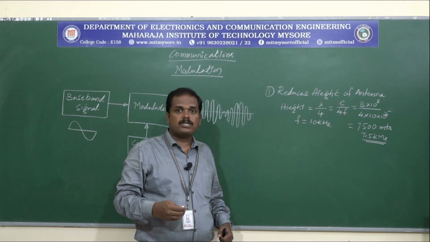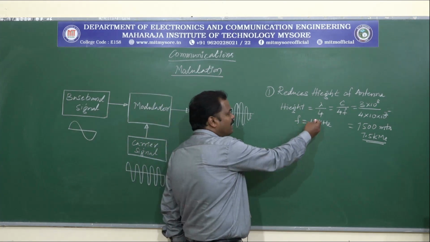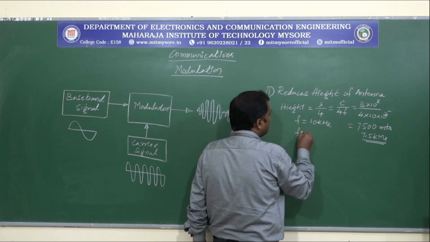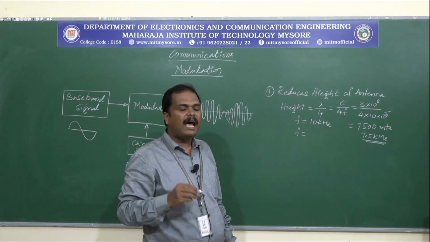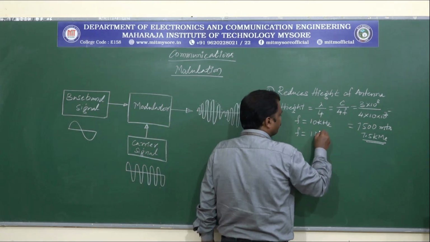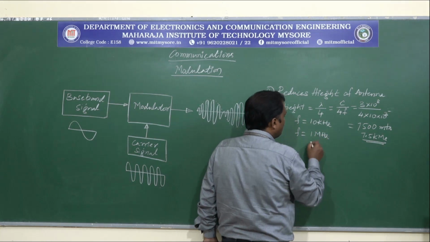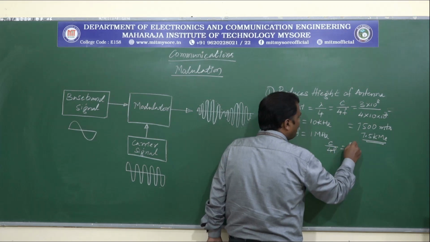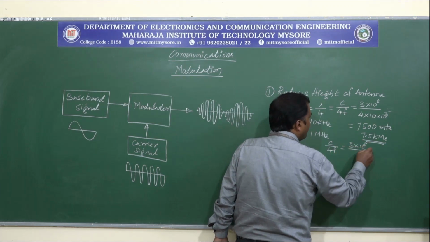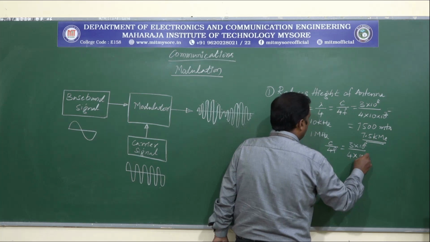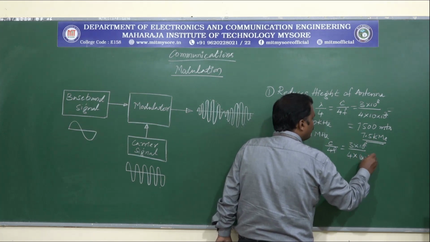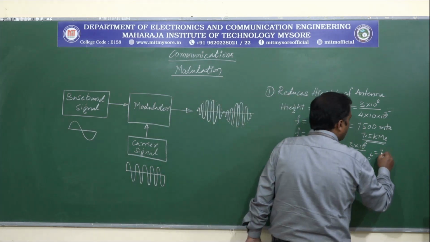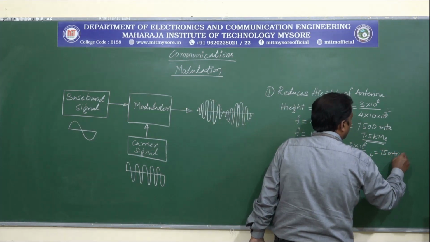So to reduce it, we should increase the frequency of the signal to be transmitted. Let us consider F, the frequency, as 1 megahertz. Now the height of the antenna, C by 4F, would be 3 into 10 to the power of 8 divided by 4 into 1 into 10 to the power of 6, and this comes down to 75 meters.